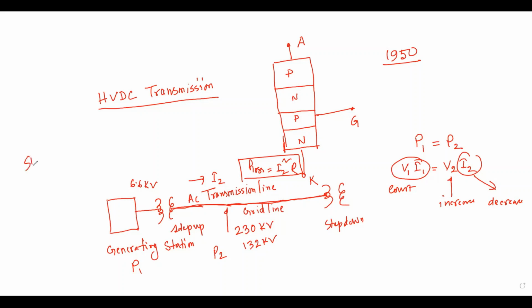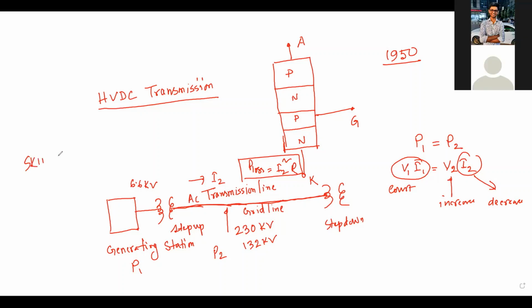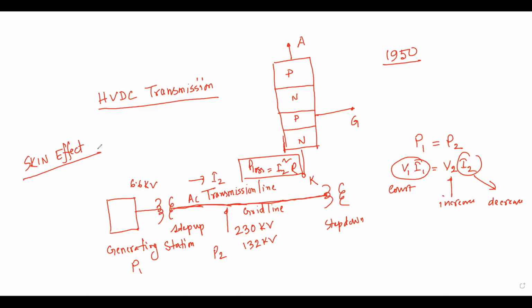Are you familiar with the skin effect? Yes, sir. What is the skin effect? Sir, in case of AC voltage, the effective cross-sectional area through which the current is flowing gets reduced. So that's why we get more resistive loss. Right.